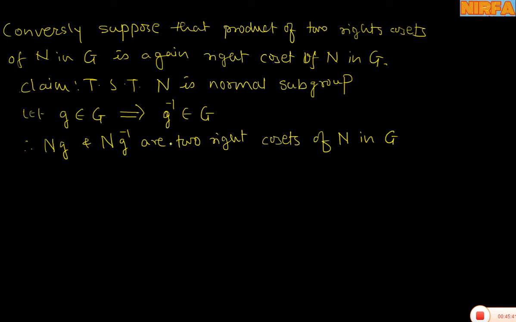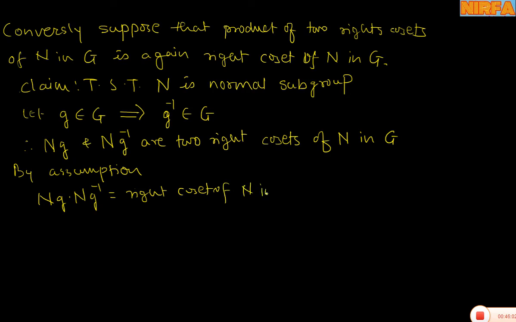Therefore, by hypothesis, by assumption, this right coset multiplied by this right coset is again a right coset of N in G.